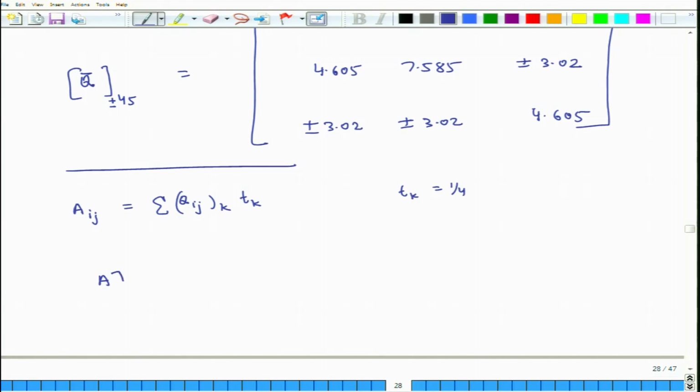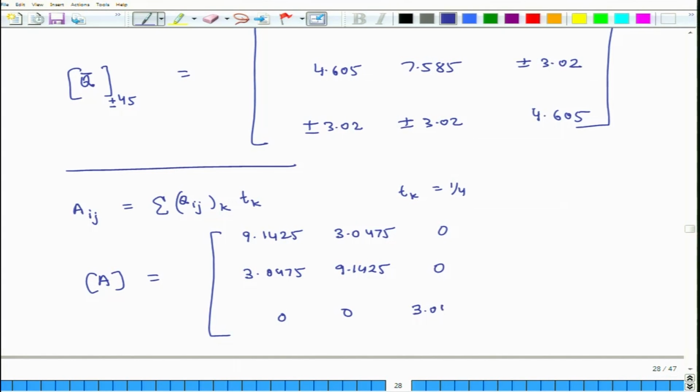So, essentially A is this matrix: 9.1425, 3.0475, and because there is a plus 45 and minus 45, A16 is 0, 3.0475, 9.1425, 0, 0, 0, and the last number is 3.0475. So, I have found the A matrix for the quasi isotropic laminate.